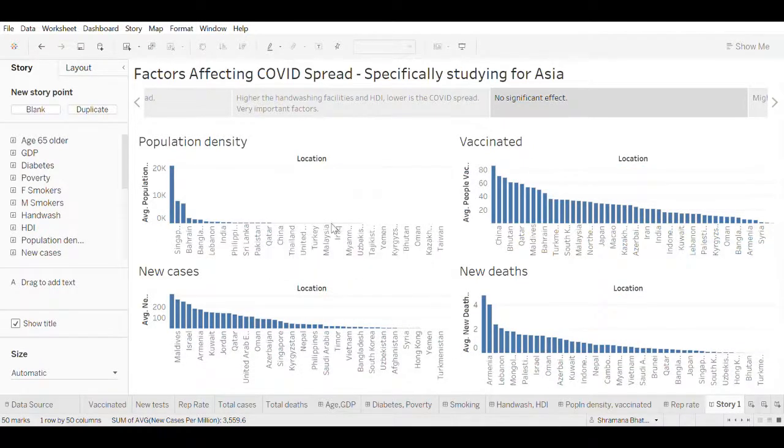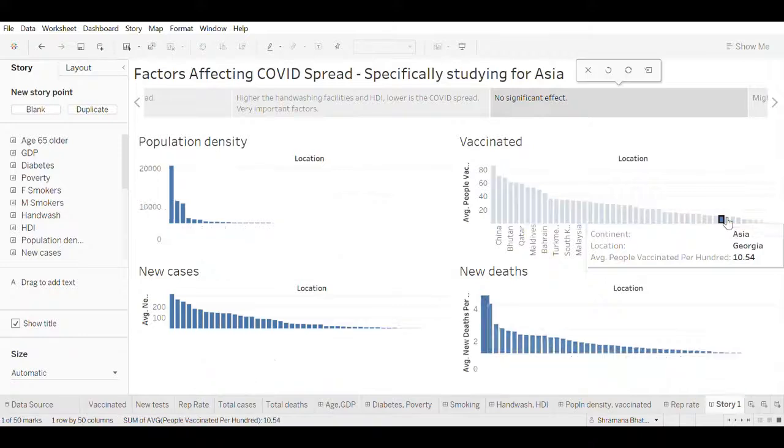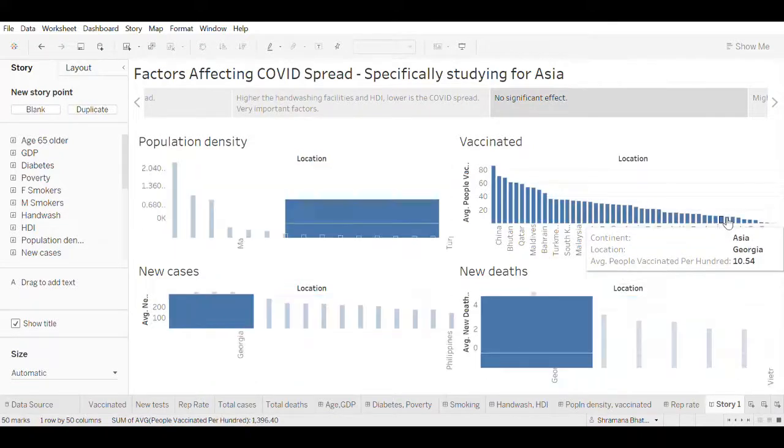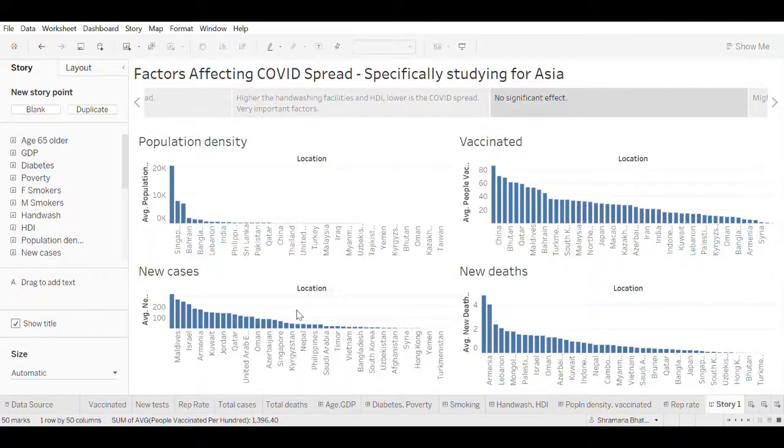It's on the very lower side, Georgia. And the vaccinated people, okay, vaccination was 10 point something, so yes, it's on the lower side also. Supposed to be. Right. So for population density, we cannot find any significant effect, but for vaccination, yes.